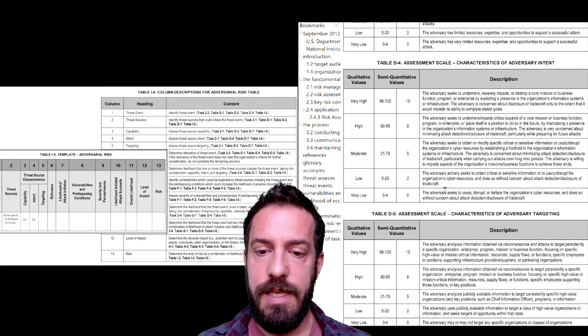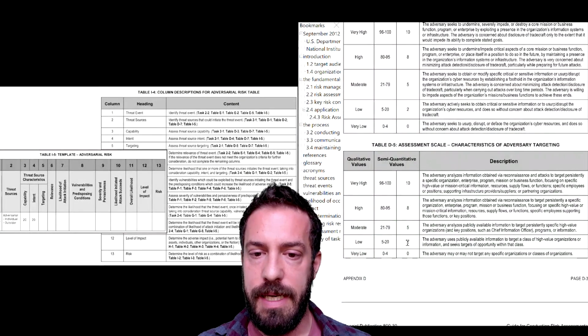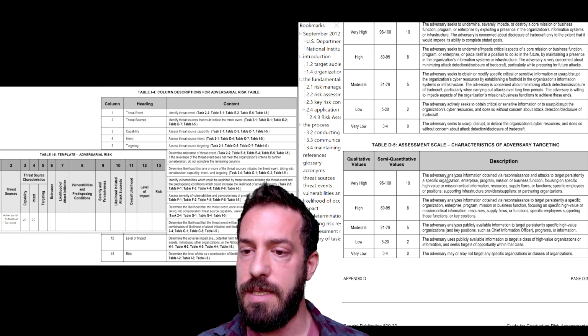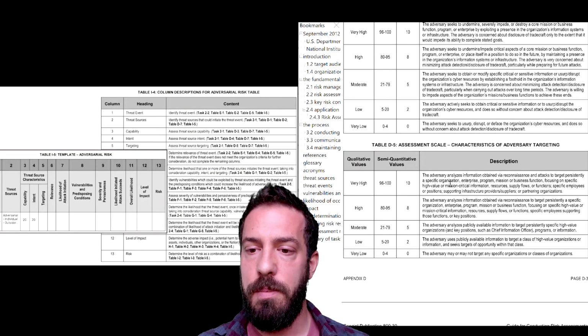On the targeting side, my assessment scale runs from low, may or may not target specific organizations or classes, to very high, analyzes information via reconnaissance that is persistent, high value, and mission critical.